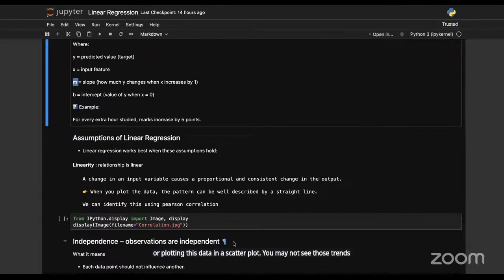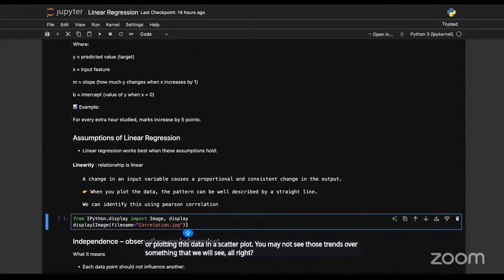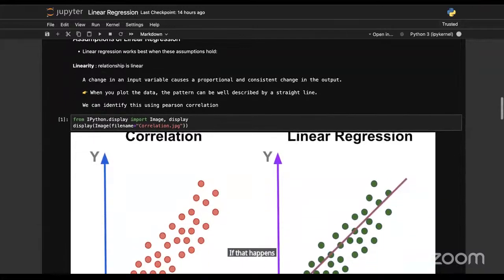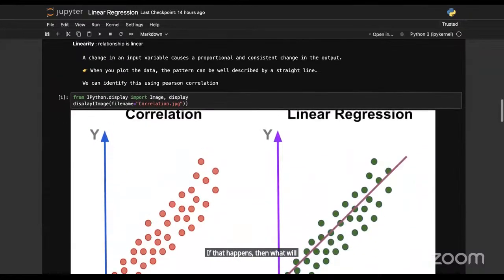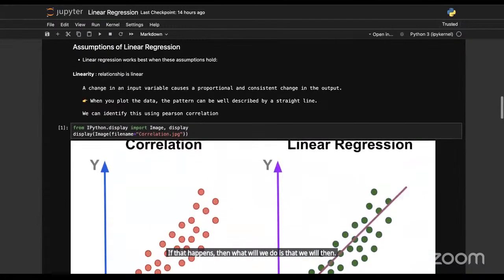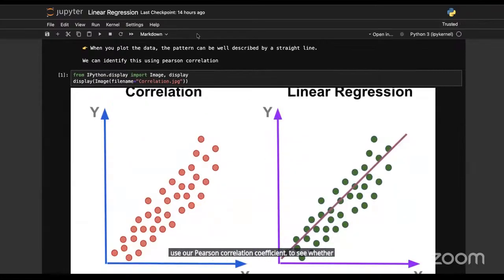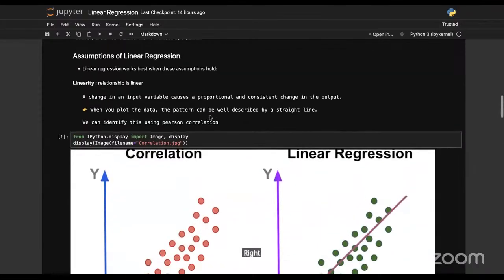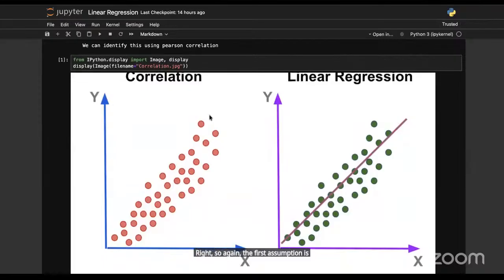If that happens, then we will use our Pearson correlation coefficient to see whether or not there is a trend. Right. So again, the first assumption is that we want to make sure that there is a linear relationship.